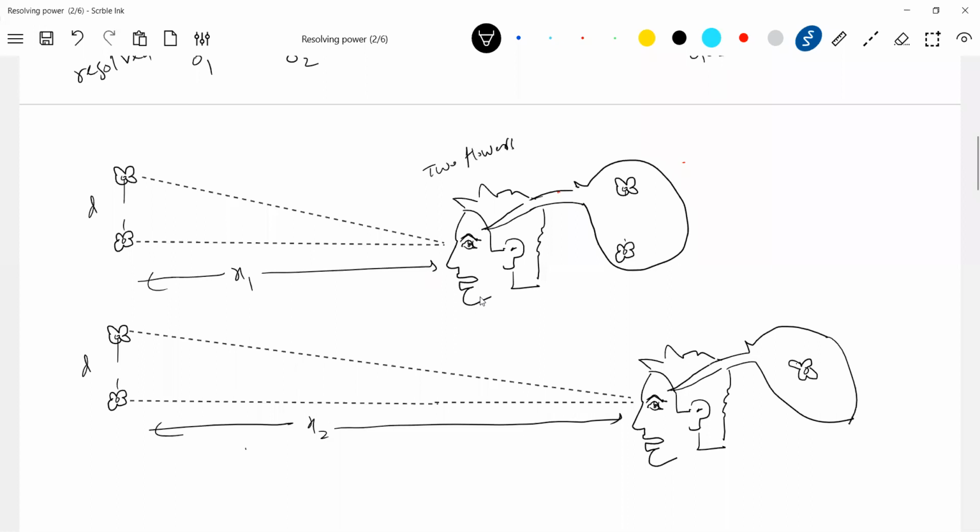Two flowers, I'm seeing two flowers. Then what will the comment be? I'm seeing one flower.